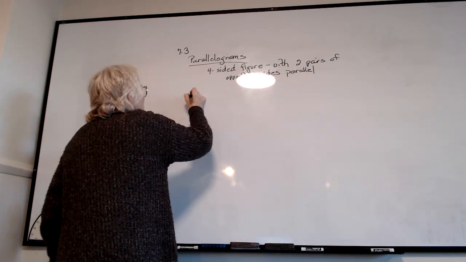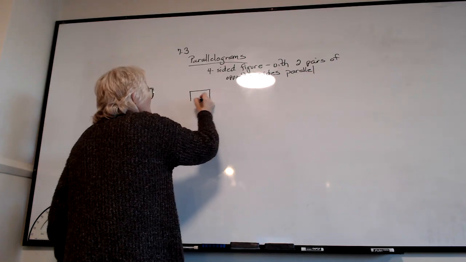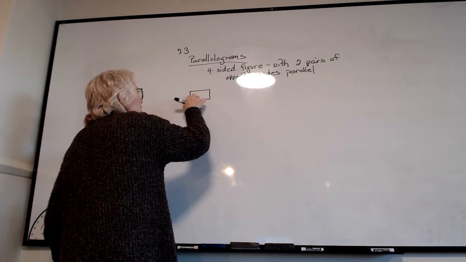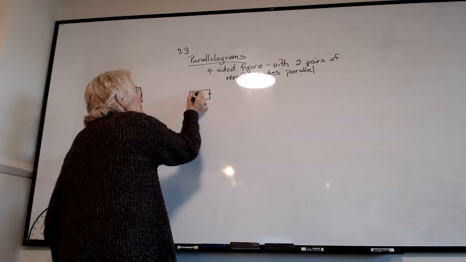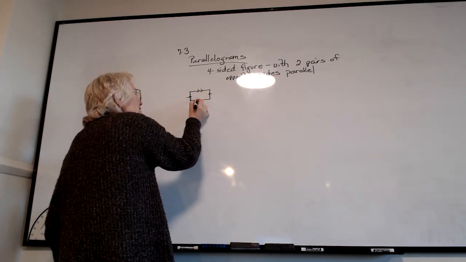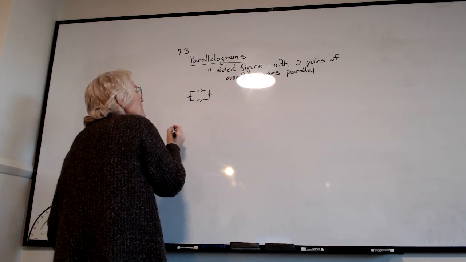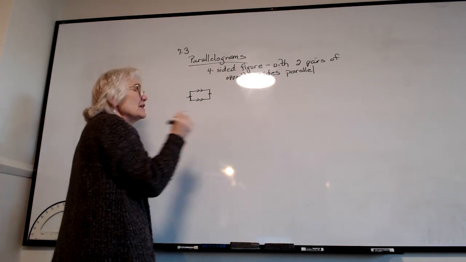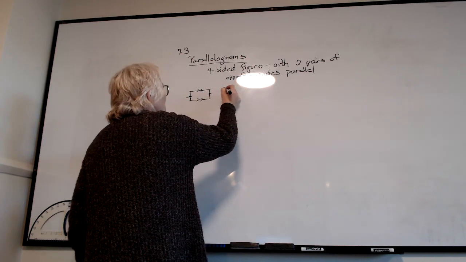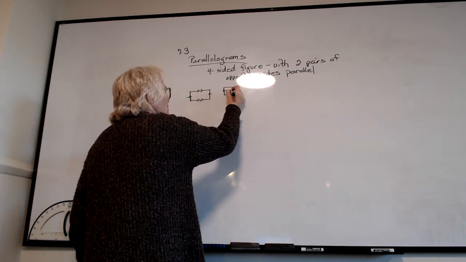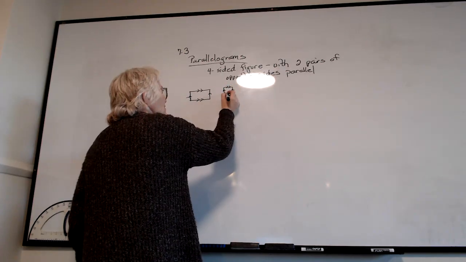Anything that can be written like this, where they're not the same size but they're parallel to each other, the little arrow means they're parallel. You've seen symbols like that. So a rectangle is a parallelogram. A square is a parallelogram because they're parallel to each other.